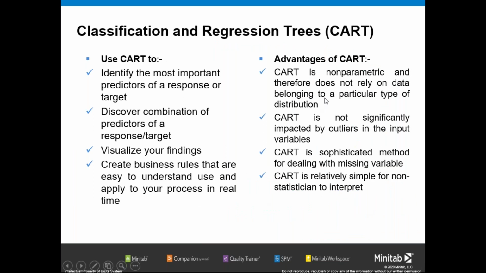The advantages of CART: it is non-parametric, so it does not rely on any assumptions. CART is not significantly impacted by outliers, is a sophisticated method for dealing with missing values, and is relatively simple for non-statisticians to interpret.